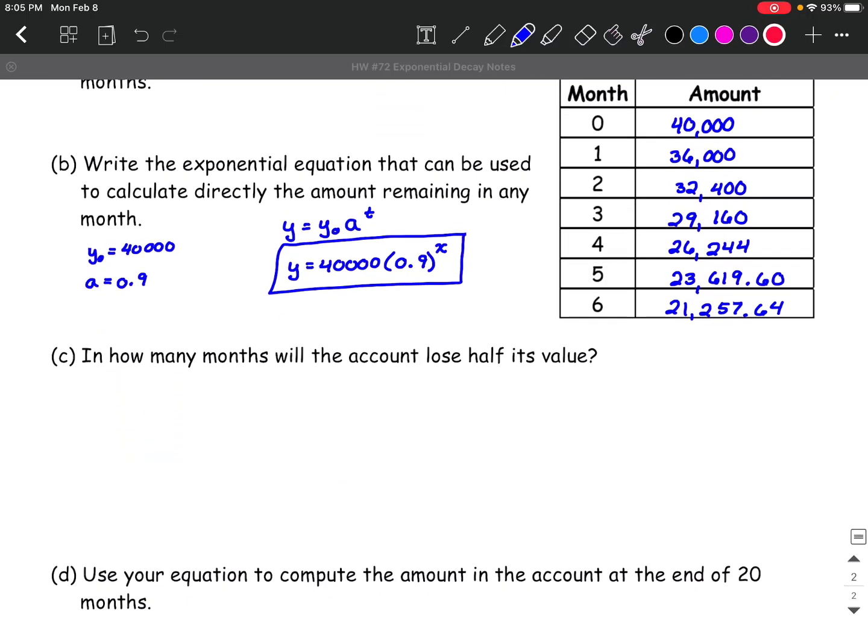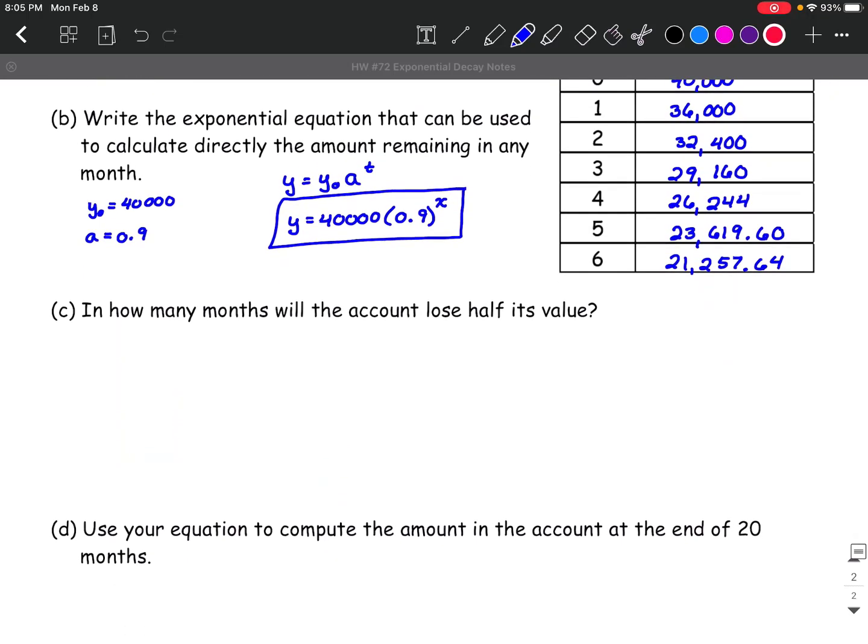Okay? Now, in how many months will the account lose half its value? So half its value, half of 40,000 is 20,000. So we want to know how many months until there's only $20,000 in the safe.